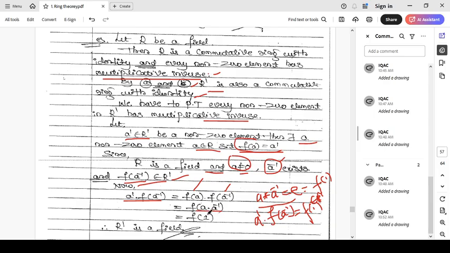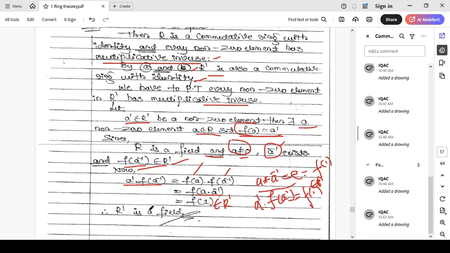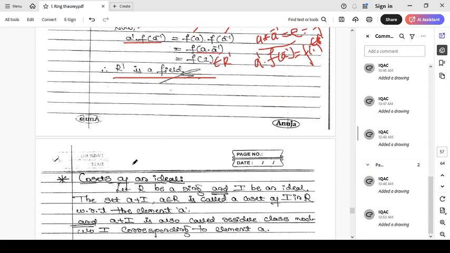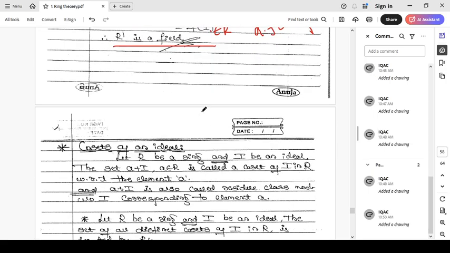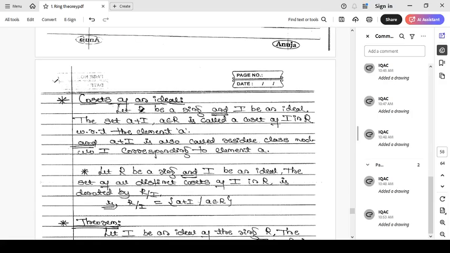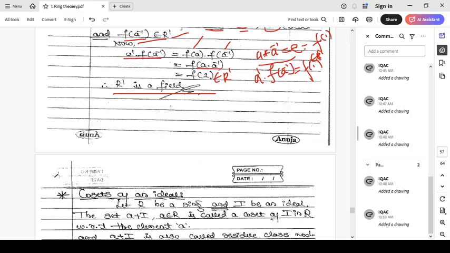So a into a inverse is 1. So f of 1, which belongs to R dash. Therefore I can write R dash is a field. We only needed to show that every non-zero element of R dash has its multiplicative inverse. Okay. So this is how we need to show that. So in the next video we are going to discuss cosets of an ideal. I will stop over here. Thank you.